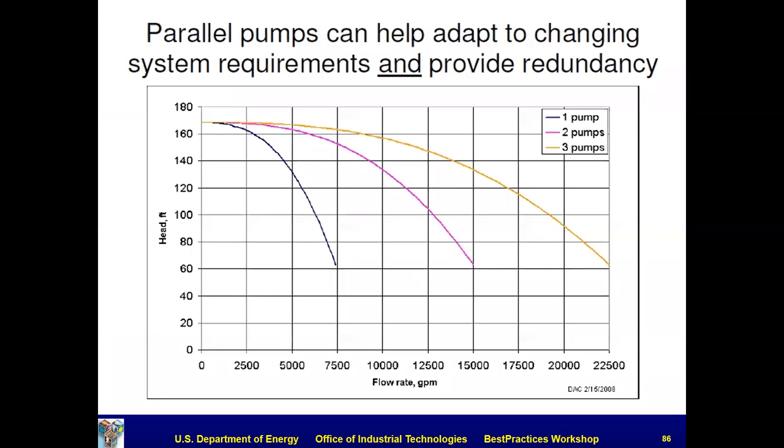Okay, and so this would be for if we had 3 identical pumps that were running in parallel. We see this first curve over here would be the single pump curve. So this is what comes from the manufacturer. You know, maybe you've adjusted it for a different operating speed, but probably not. This is probably just what came from the manufacturer.